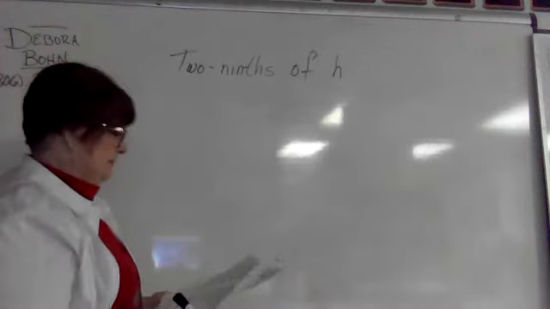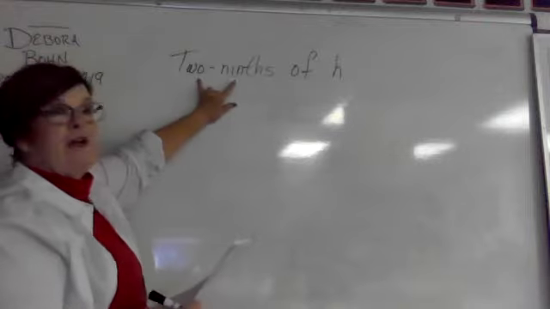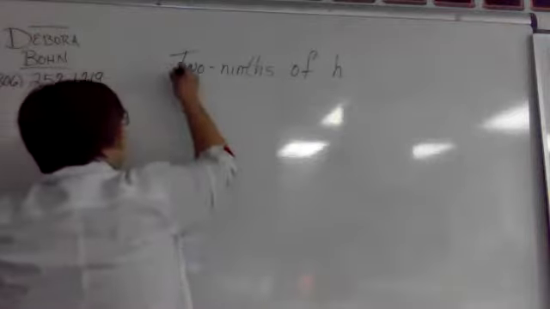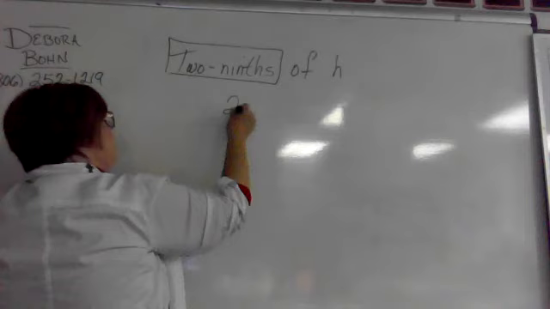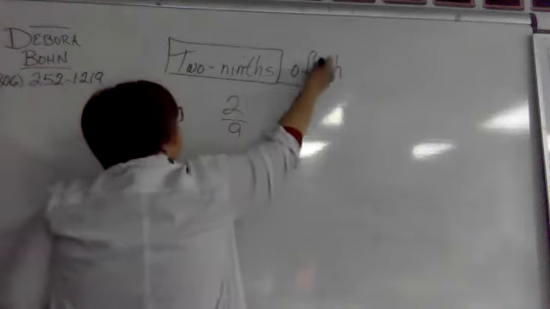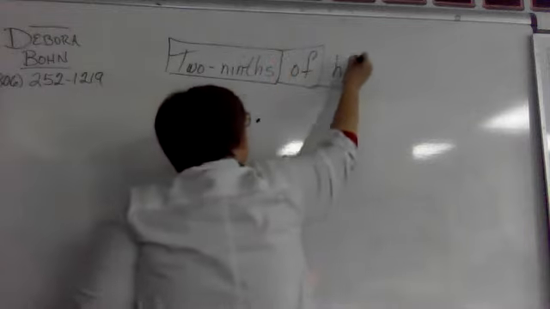So is it 2 divided by 9? It actually is. That means this is a fraction. And so we're going to take this part of the expression and we're going to write 2 9ths, right? What does of mean? Times. And then we're going to write the h.